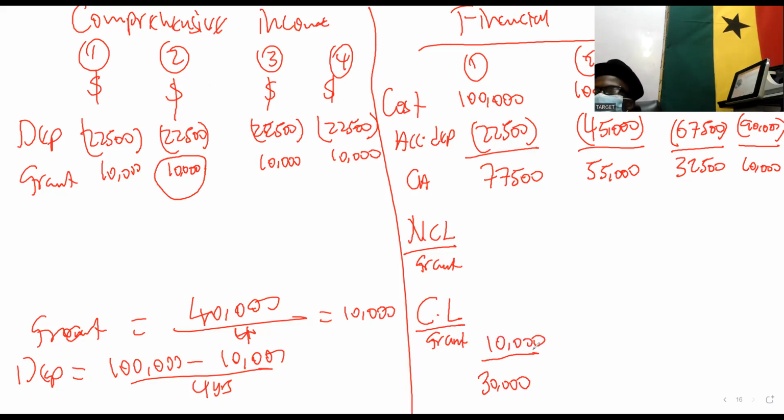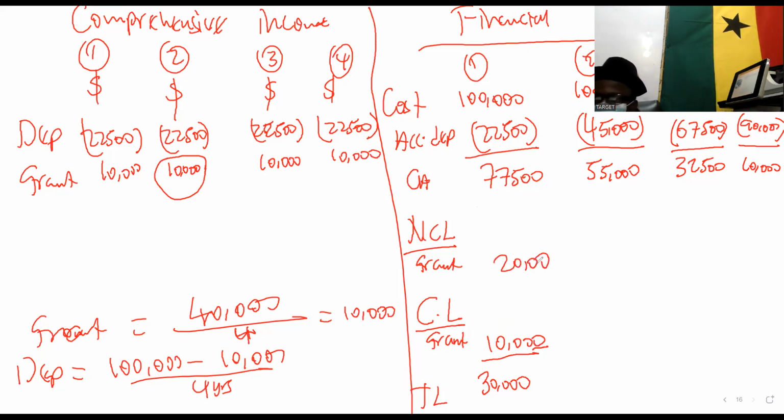Now, this is the total liability. If the entire liability is 30 and 10 represents current, what will be the non-current aspect of it? Ideally, that should be the balance, right? So what will be the non-current liability? That would be 20,000.